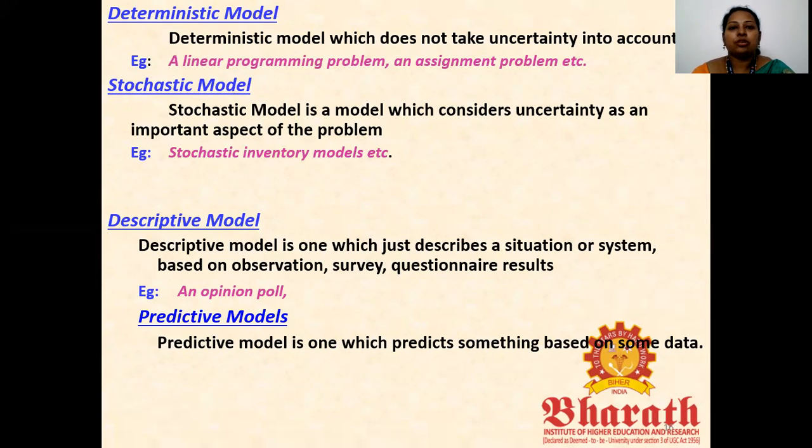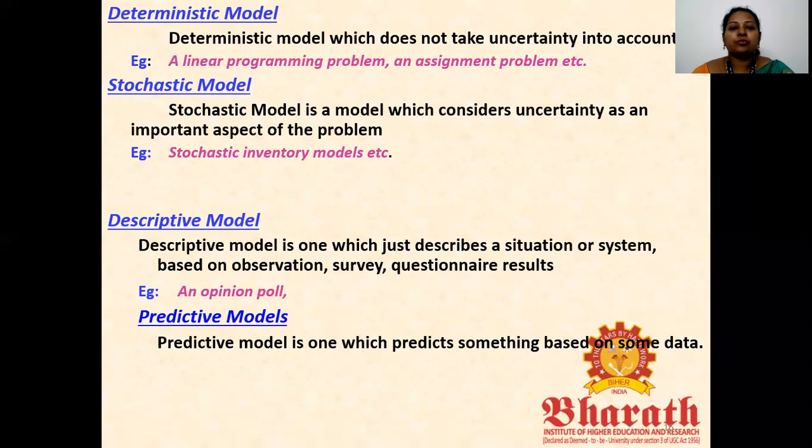A deterministic model does not take uncertainty into account, so surely we may assign a solution for this type of model. For example, a linear programming model or assignment problems, etc. Then the stochastic model. In a stochastic model, uncertainty is an important aspect of the problem. For example, stochastic inventory models, etc.